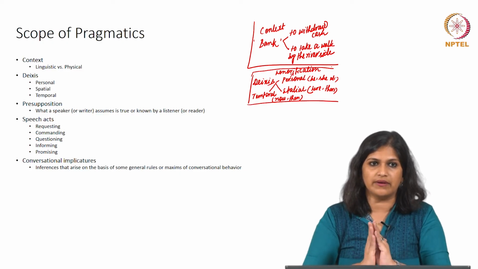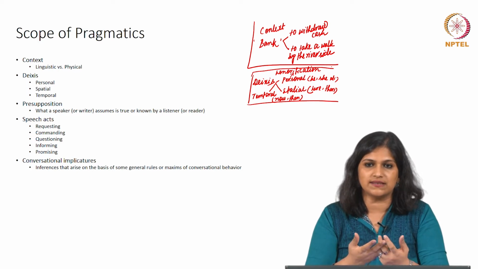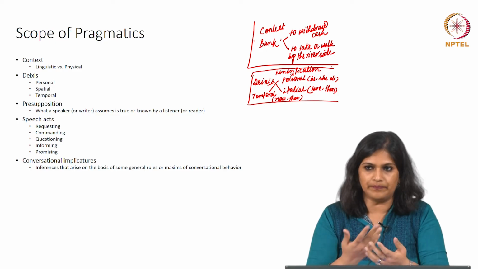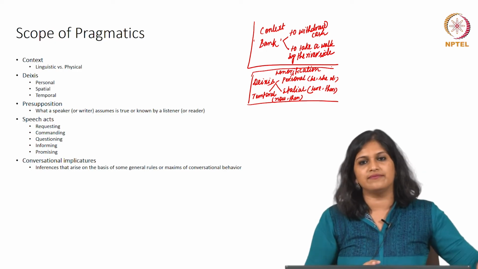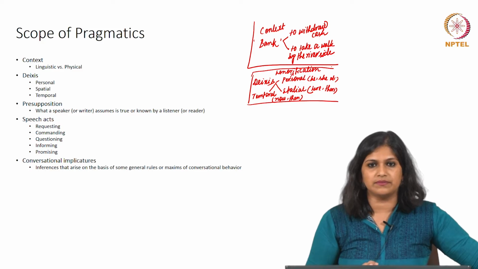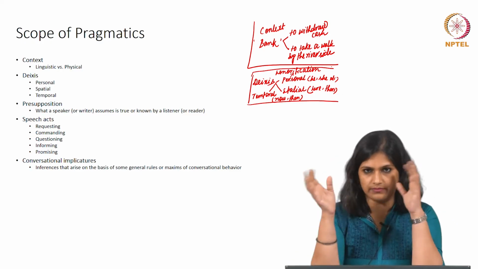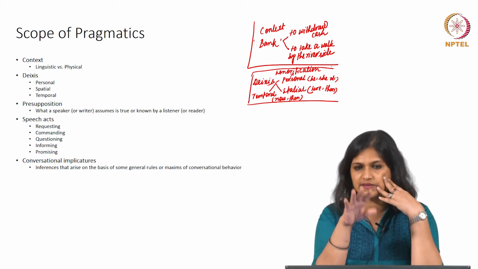I have already given you an idea of what pragmatics is, and very briefly we have discussed who is considered to be the most seminal researcher, producing the most seminal work. Obviously we also had certain discussions on how to define pragmatics, and on the basis of the definitions we talked about, starting from Morris, then Levinson and then Yule.